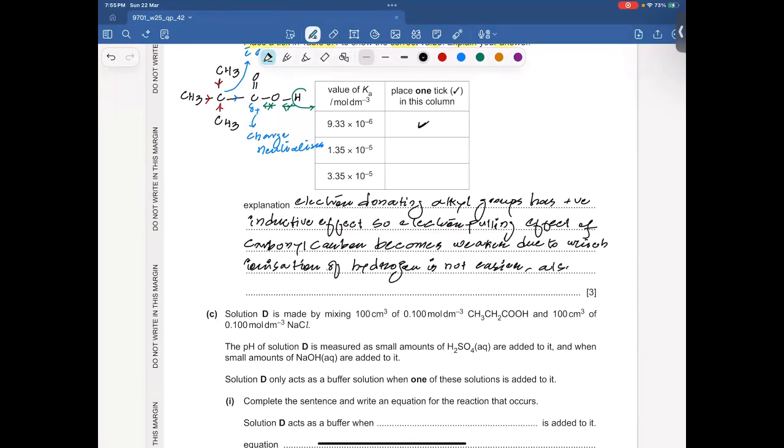Also, due to positive inductive effect, this positive inductive effect destabilizes the anion.